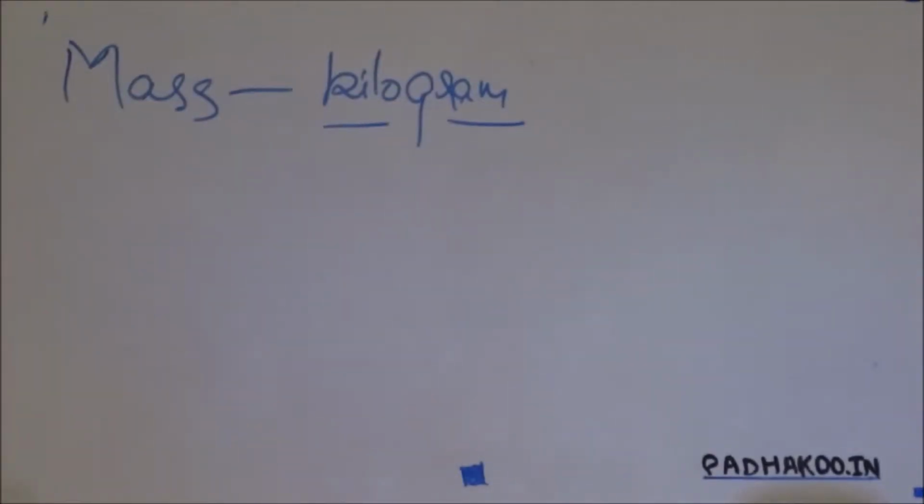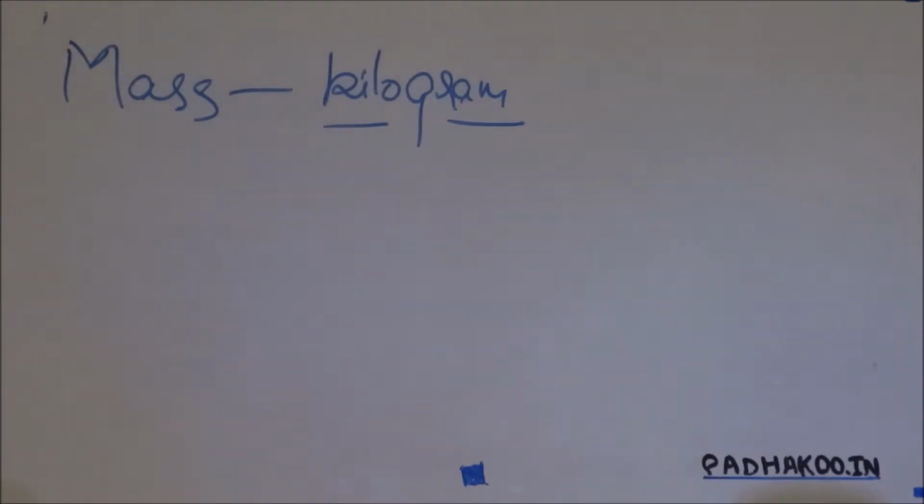So don't confuse it with gram. Gram is not the SI unit, it is just a unit. The kilogram is basically just the weight of a prototype defined by the SI council.